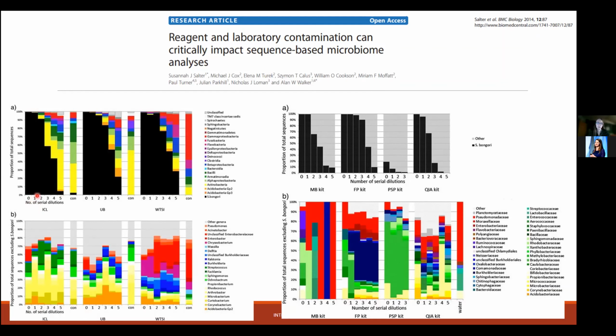As we dilute the sample more, we see that the actual bacteria after the processing is reducing, and when we dilute the sample like 5 times, 90% of the results are contamination. So this seems quite scary, but it's true. And in low biomass samples, it's more challenging. Therefore, the controls should be implemented.